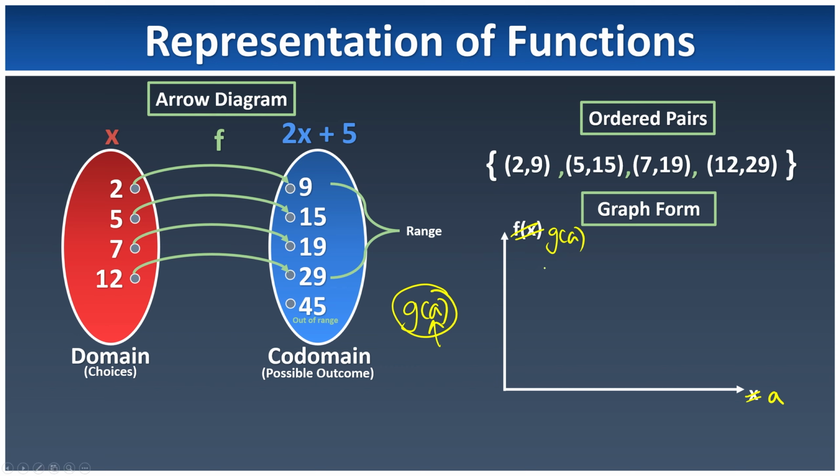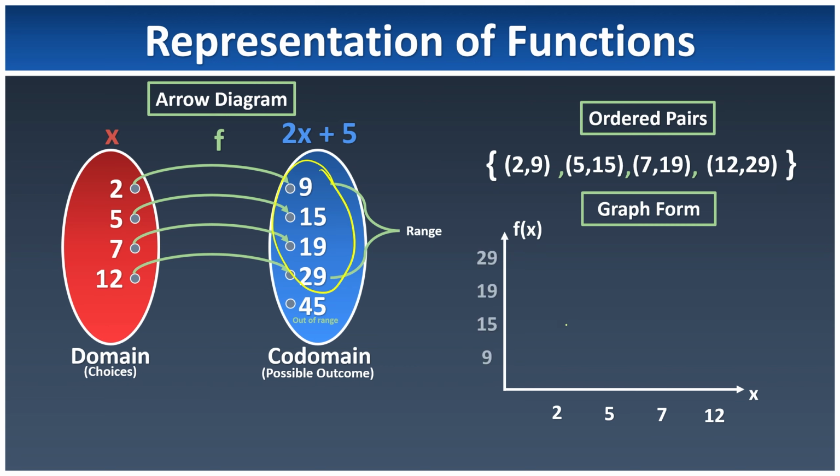It is literally based on what is written in the question. So x is the available choices, or what we call the input. So we have 2, 5, 7, and 12, and our output is 9, 15, 19, and 29.